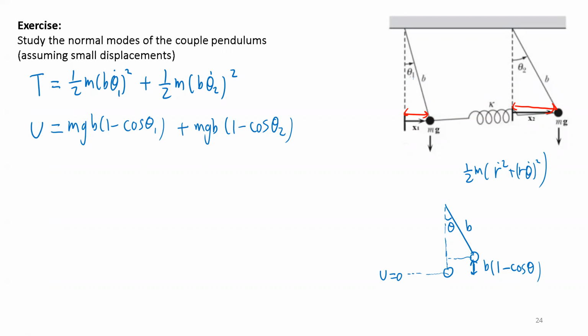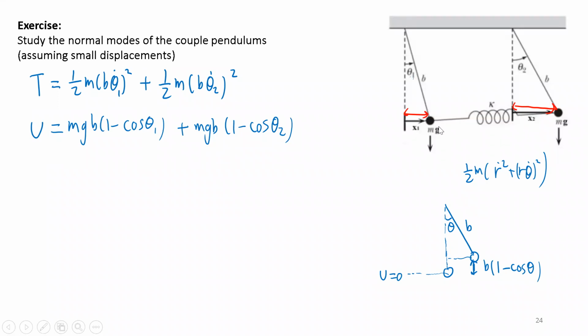Here, as I said, we are really considering small displacement, such that you can imagine that this spring is roughly horizontal. That's why I can simply say that the extension is given by x2 minus x1.